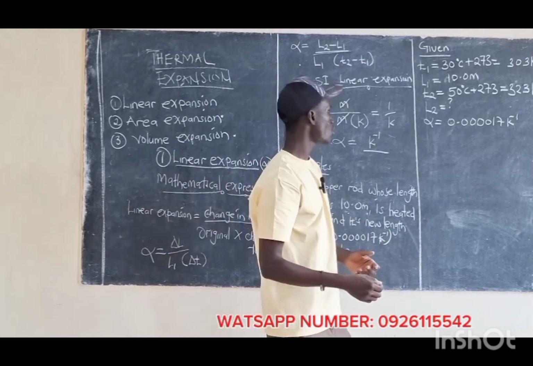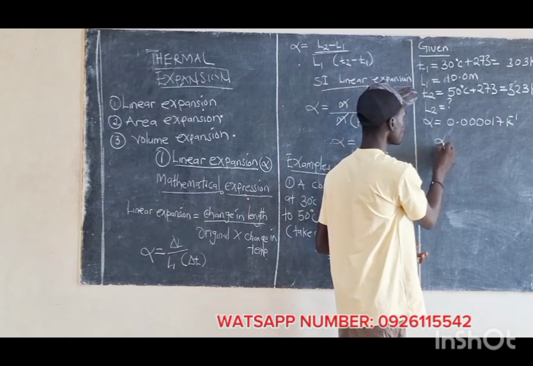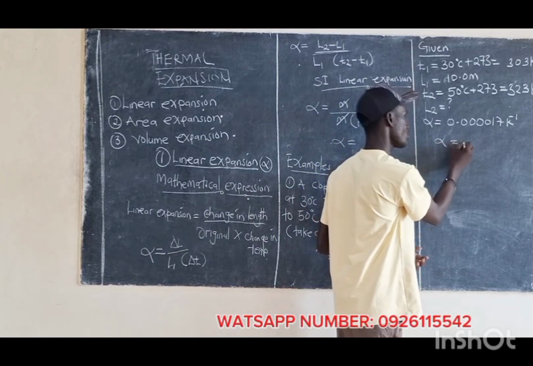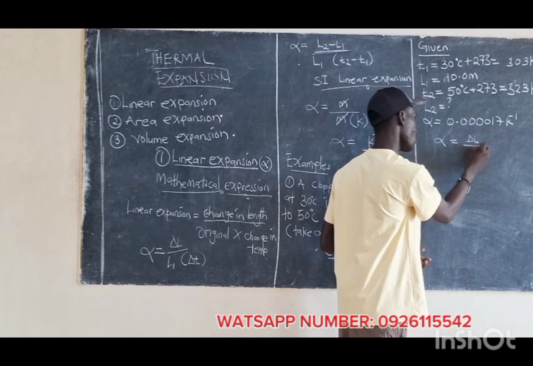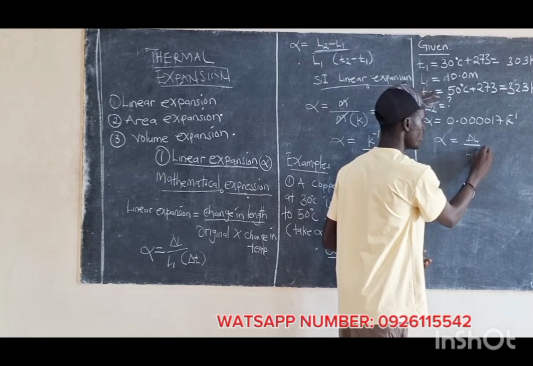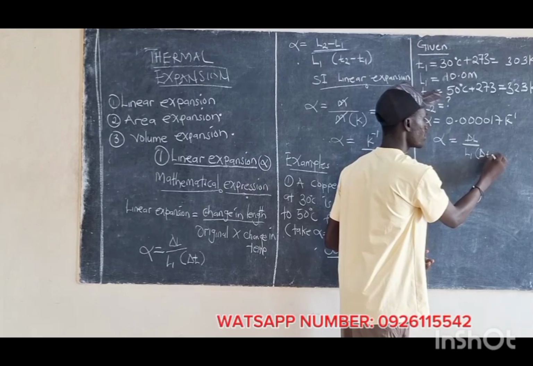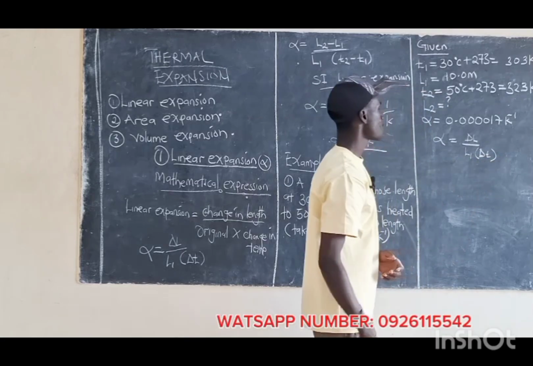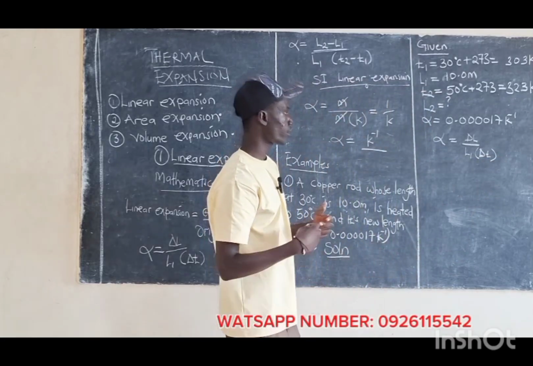So we are going to do our formula. Alpha is equal to change in length all over L1 times change in temperature. Let's now look at it.